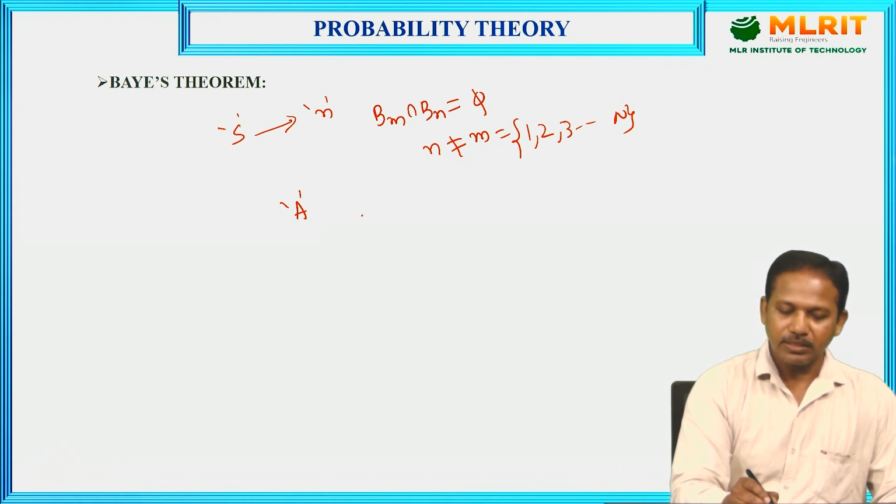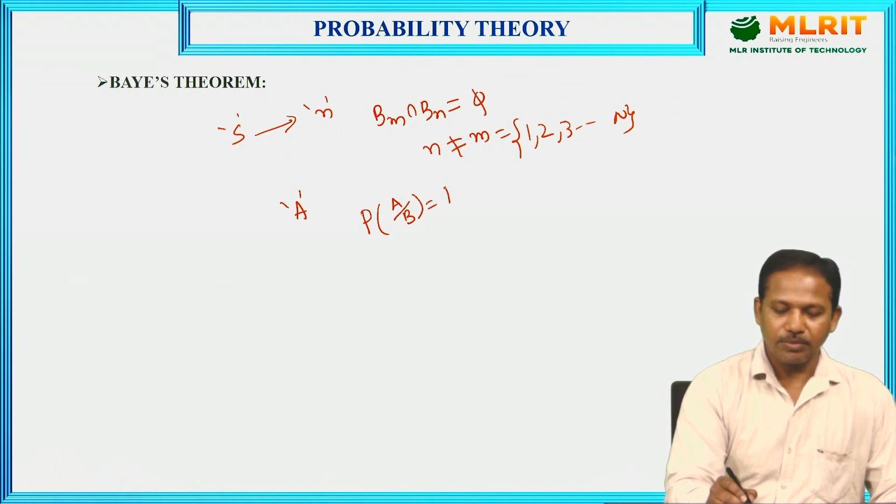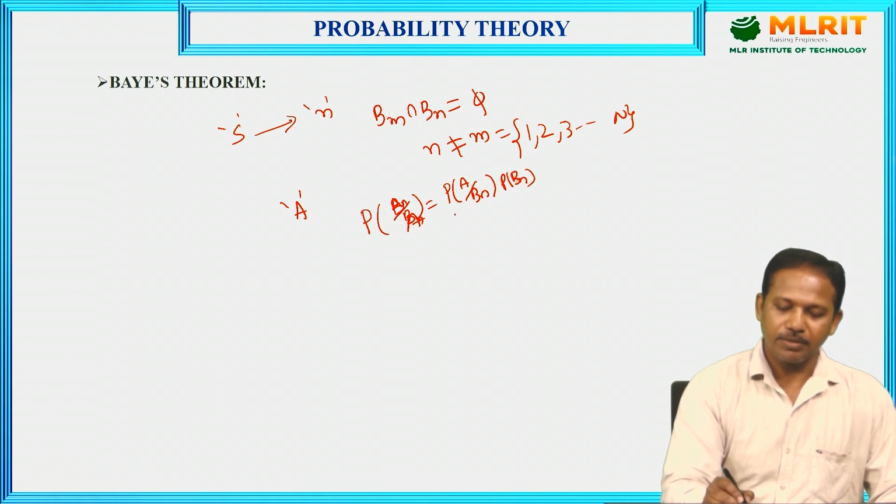Then the conditional probability P of Bn given A is equal to P of A given Bn into P of Bn divided by P of A.